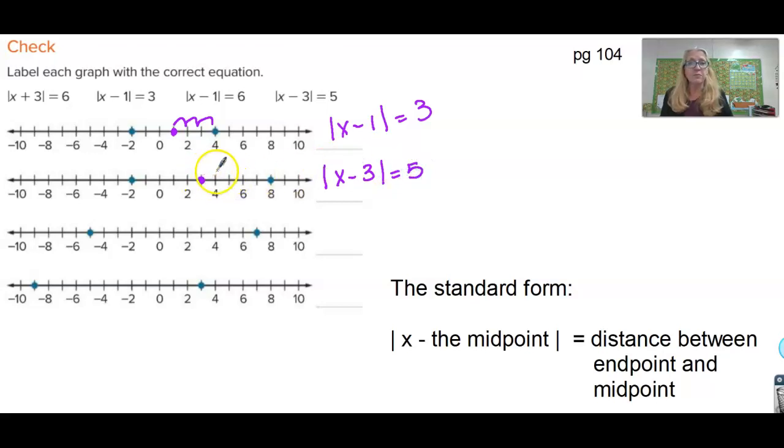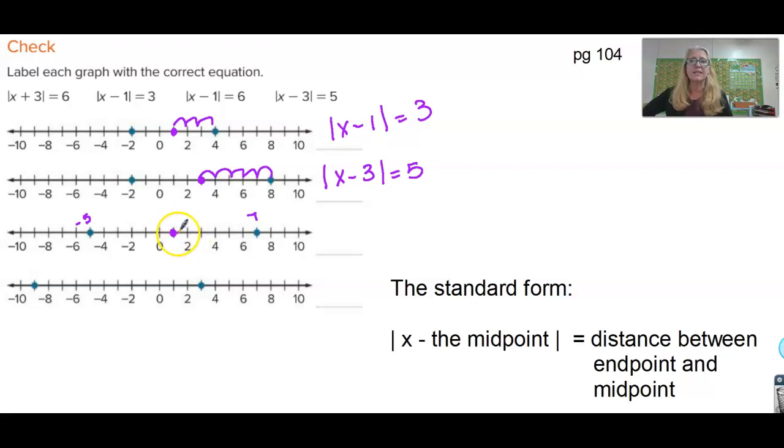And is it 5 moves between the midpoint and the ends? 1, 2, 3, 4, 5. You bet it is. We got that one right. All right, here we have -5 and 7. 7 plus -5 is 2. 2 divided by 2 is 1. There I go again, telling the answer, which is 1. All right, so I'm looking for a midpoint of 1.